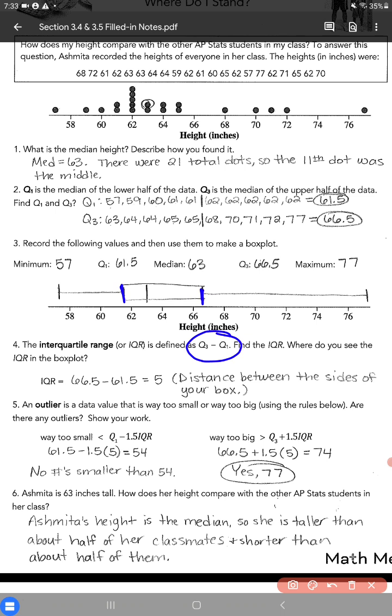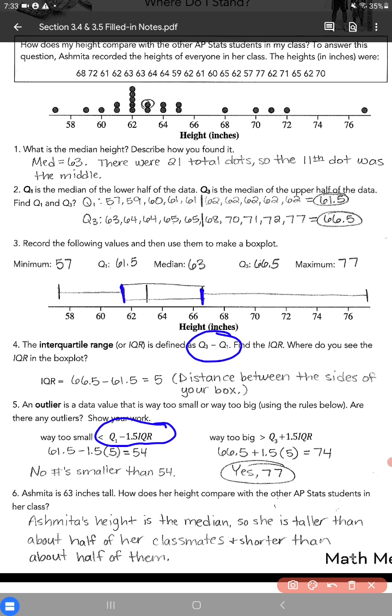Okay? Box plots and 5-number summaries are also good for showing us if we have outliers. And here's the thing: for something to be an outlier, it can't just be a little bit bigger than everybody else or a little bit smaller than everybody else. There has to be a huge gap, okay? So we have a formula that helps us figure this out. If we think that we have an outlier that is too small, we can use the formula Q1 minus 1.5 times IQR.